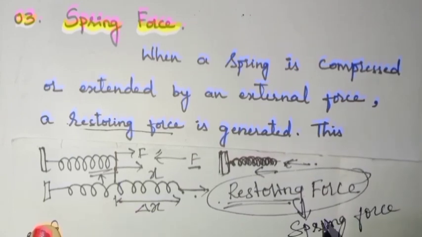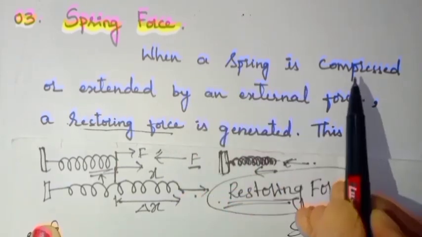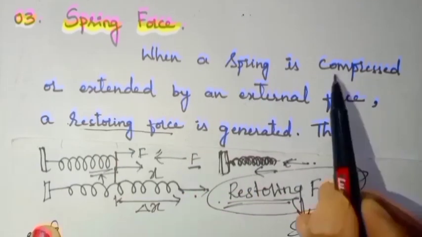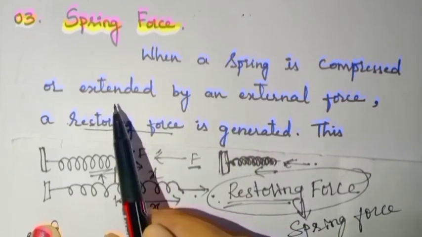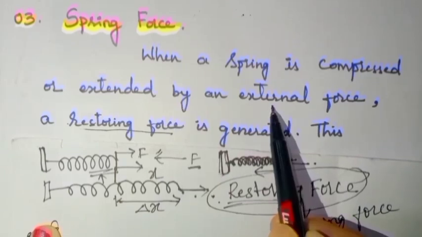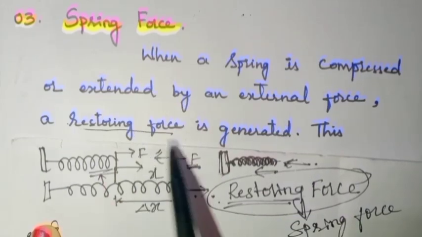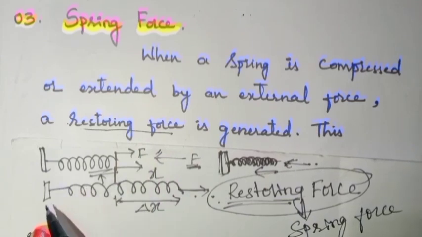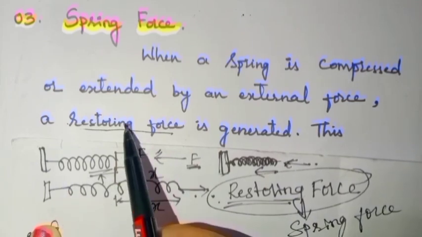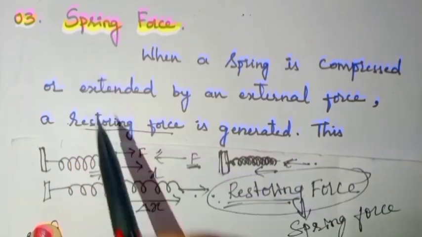When a spring is compressed or extended. Compressed means like this, extended means you have to pull the spring. When it is extended by an external force, a restoring force is generated. A restoring force means it tries to go back to its original position, and this restoring force is what we call spring force.